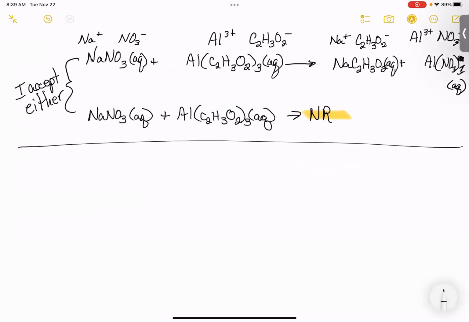Okay, so now we're going to move on to redox. Redox literally stands for reduction, oxidation, reactions. You cannot have one without the other. In other words, you can't have just reduction occur.